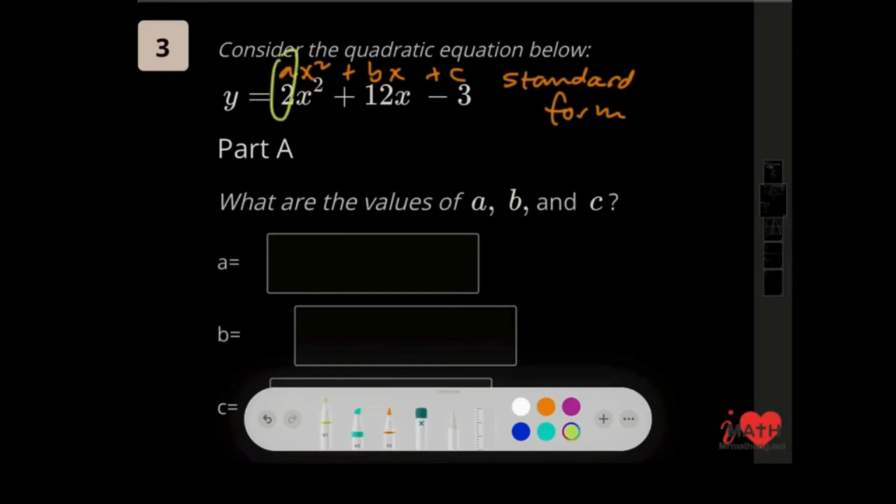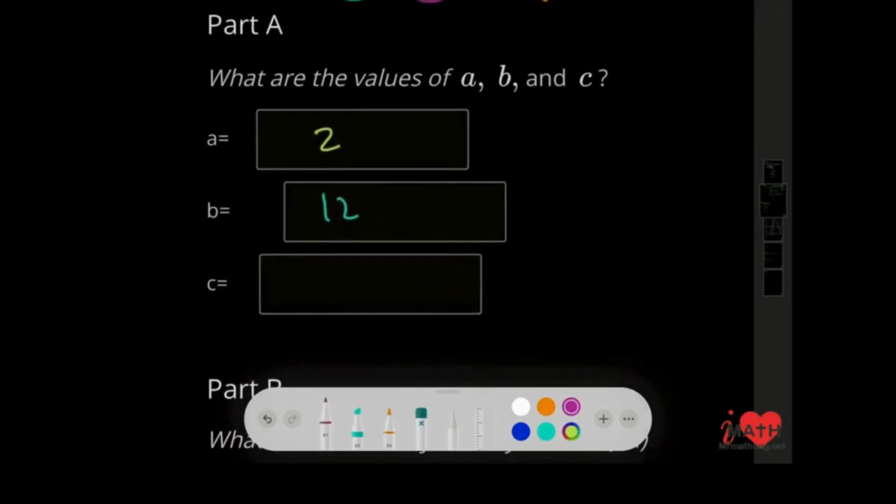So a is 2, b is 12, and c is -3. Did you notice how here the a's, b's, and c's are never x, or x squared, right? It's the numbers in front. Those are called coefficients.